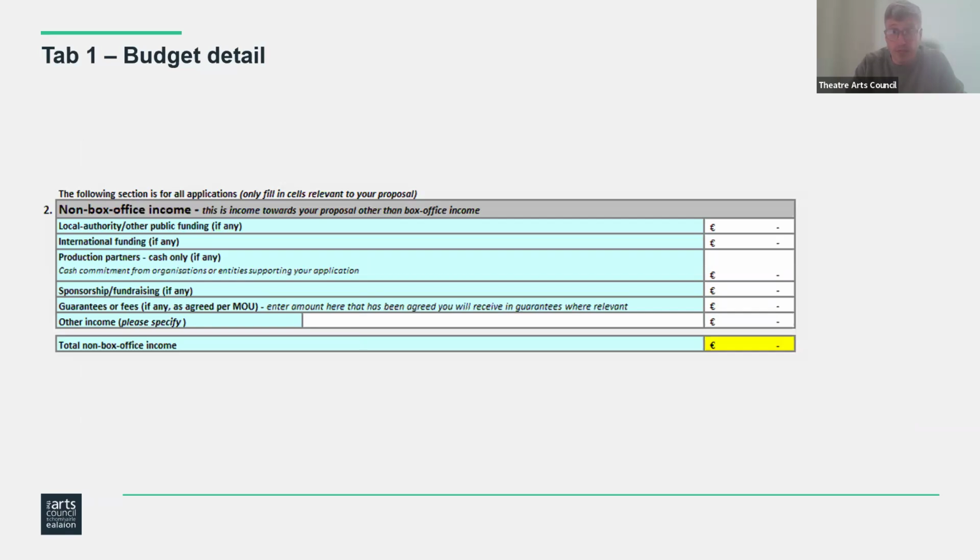Or if you're getting a guarantee from a production partner or a venue, you can input that so that can all calculate the total non-box office income. And all of this information does need to be evidenced in your letters of support and/or your MOUs, your memorandums of understanding. It's not that you just input or throw up the numbers there. They do need to be realistic and they need to be evidenced.